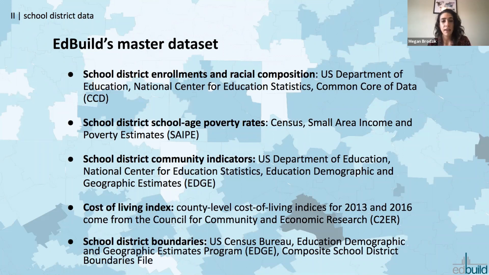Our cost adjusting index comes from the Council for Community and Economic Research. We do this in order to make national level comparisons, like in dividing lines. That is all cost adjusted so that you can look at the difference between a district in New York, say, and Georgia. And then finally, school district boundaries come directly from the census. Again, the composite school district boundary files.